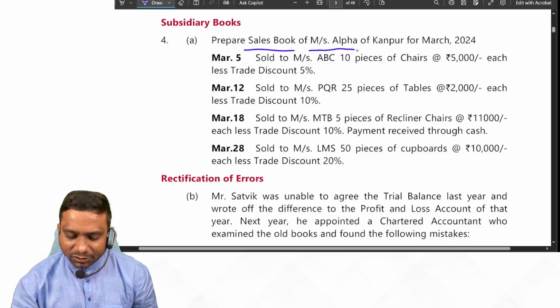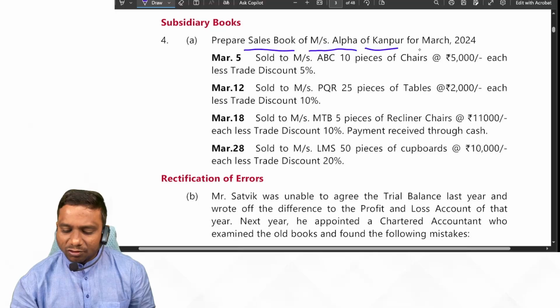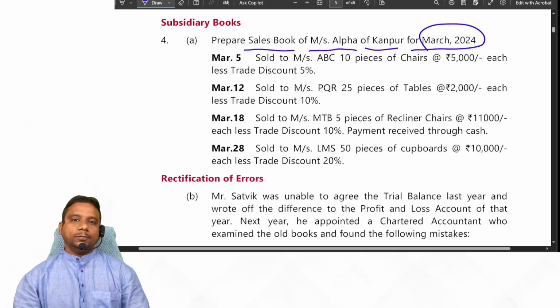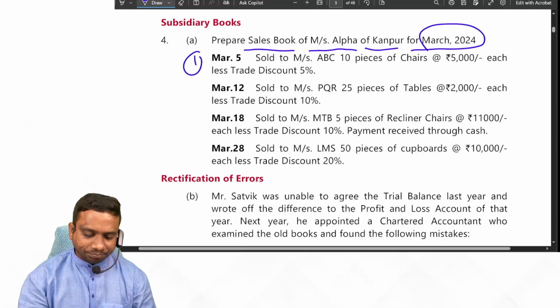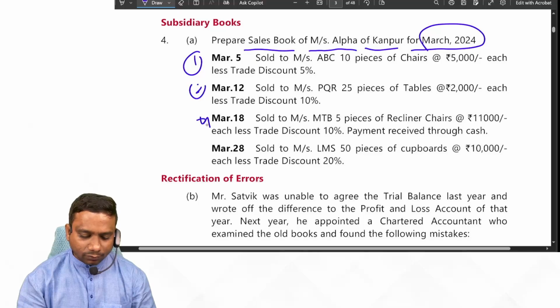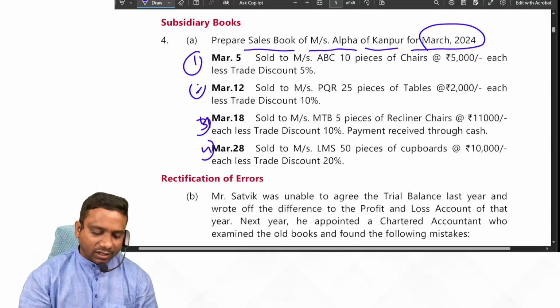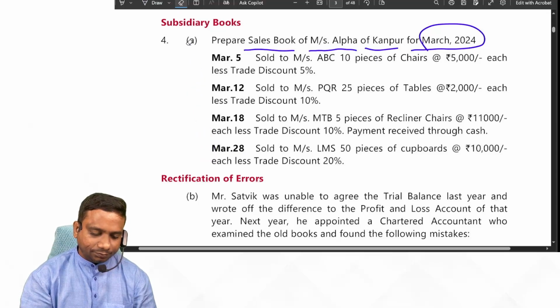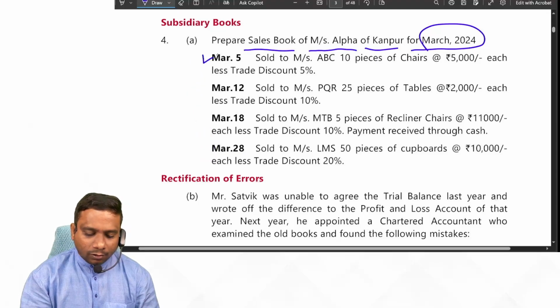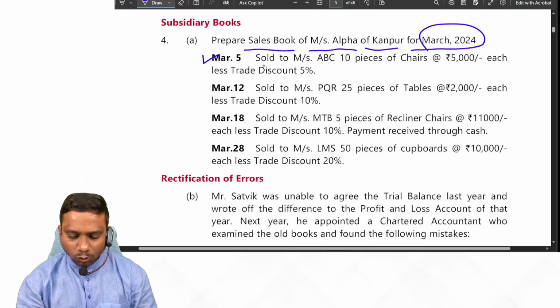Sales book of Mrs. Alpha of Kanpur for March 2024. Here they have given a total of 4 transactions. Students, observe carefully. First one, March 5th. Sold to Messrs.